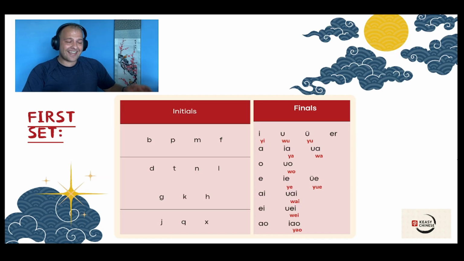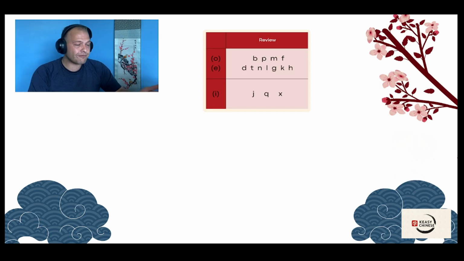Okay, so from the last lesson, here is the list of initials and finals we studied before, and I'm going to go through them one by one, firstly with the initials and then adding the new initials from today. So here we are, the review of last class initials. Have a go and see if you can say them before me. Are you ready? Bo, po, mo, fo.